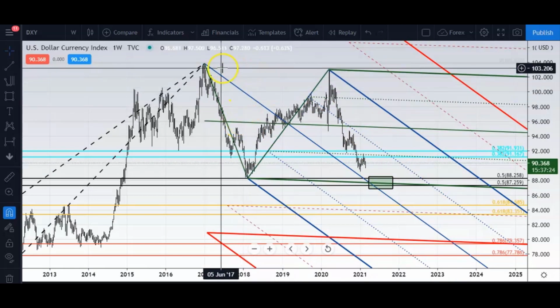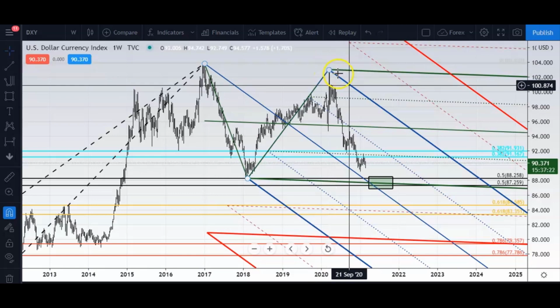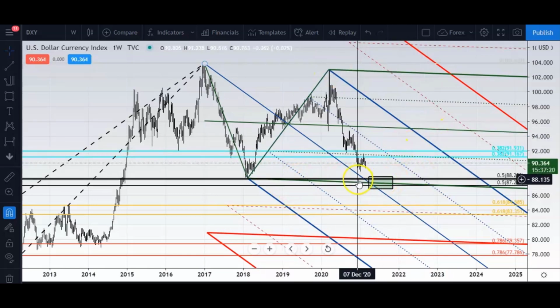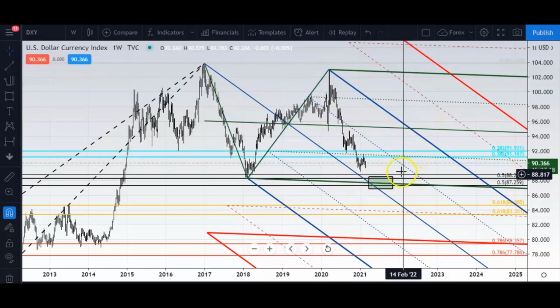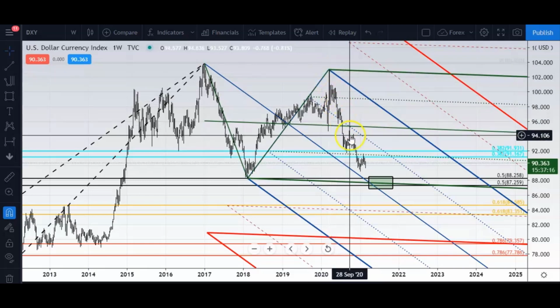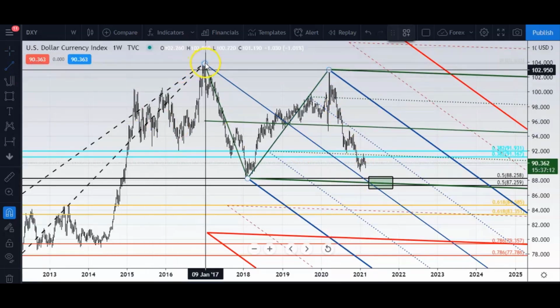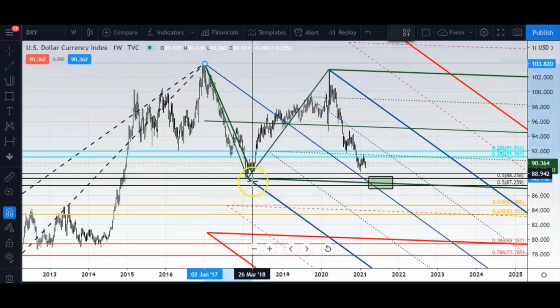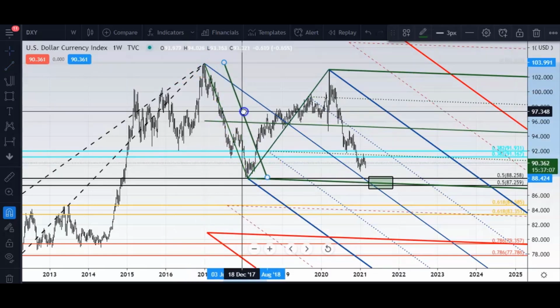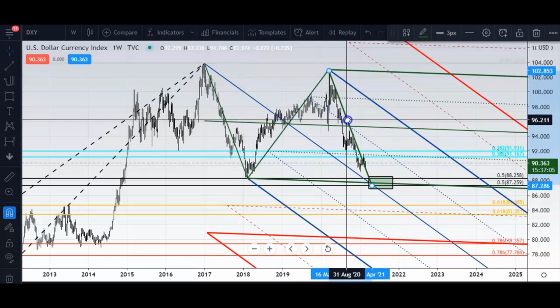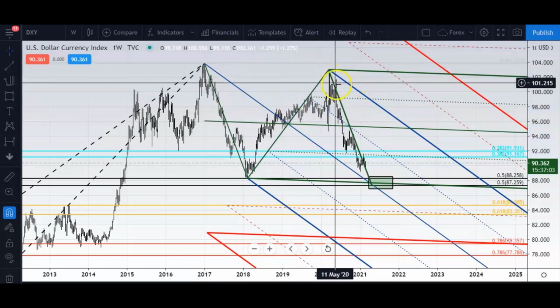I've got two different pitchforks using exactly the same anchor point, sloping downwards, one a little bit more horizontal than the other one. But I'm seeing this move to the downside as a symmetrical move that's similar to this one over here. If you project that to that high over here, price has been coming down.